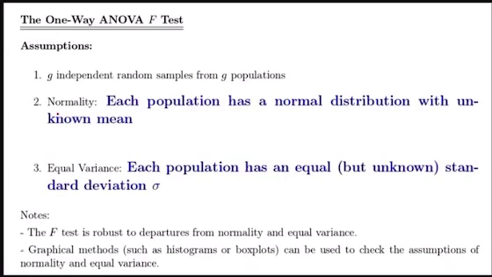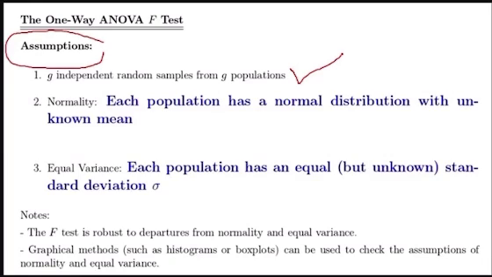Number 1 is assumptions, the assumptions for analysis of variance. There are many; we have 3 of them, and I need you to pay attention. Number 1, you must take a random sample from each of the populations. You remember we did the same when comparing two groups. So G independent random samples from G populations. G represents the number of populations or the number of groups.